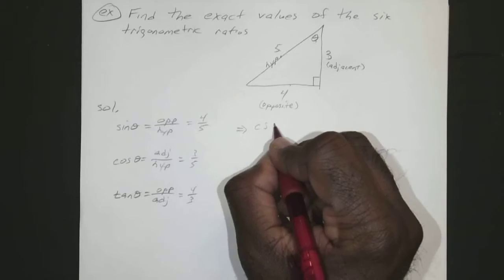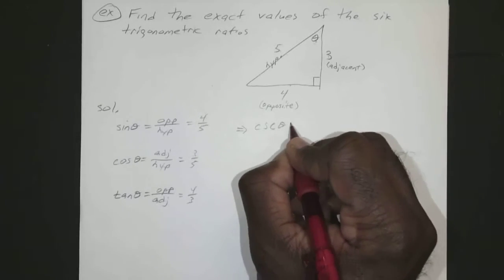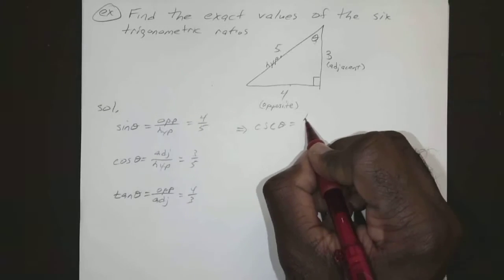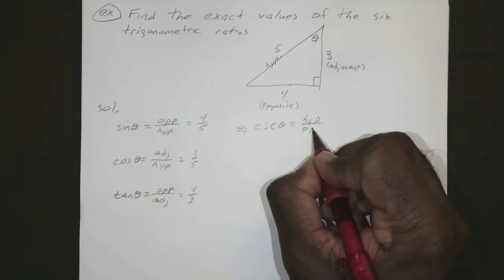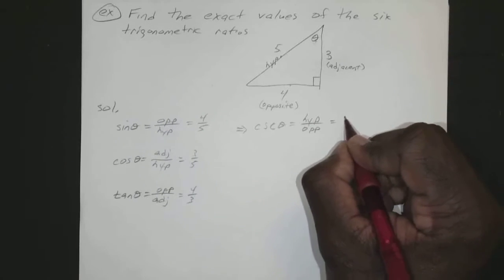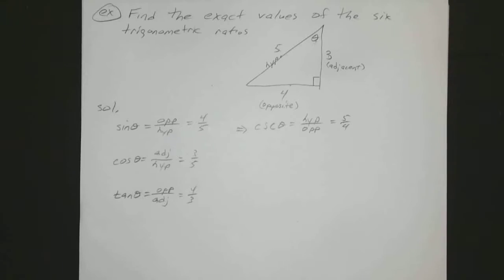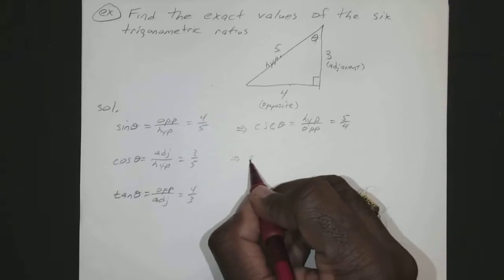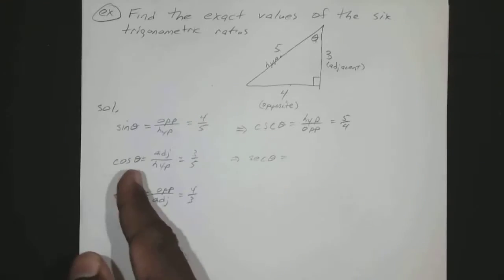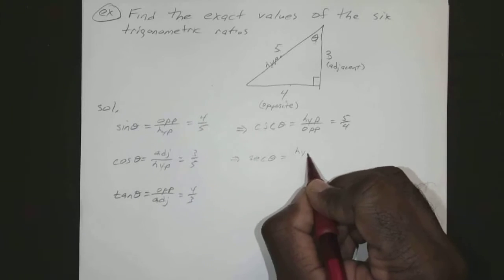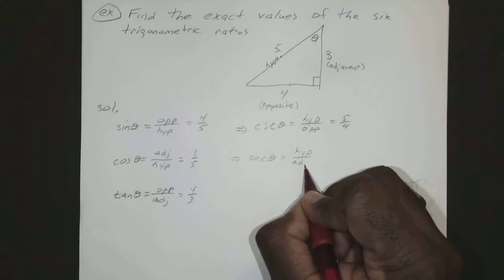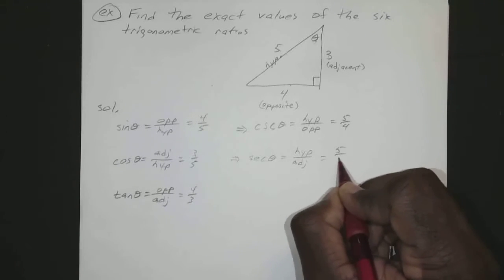Okay. So cosecant of theta, remember that's hypotenuse over opposite, that's just 5 over 4. Secant of theta, we just flip our cosine, which is hypotenuse over adjacent, it's 5 over 3.